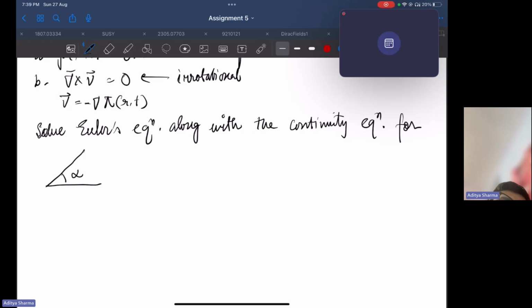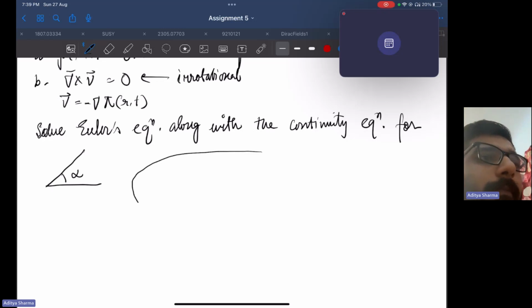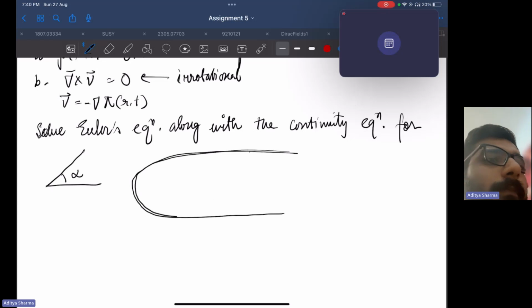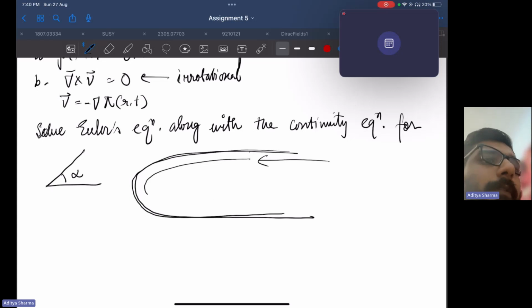Let us try to solve for fluid flowing in a semicircular kind of region. So fluid comes from here, flows, goes away, something like this.